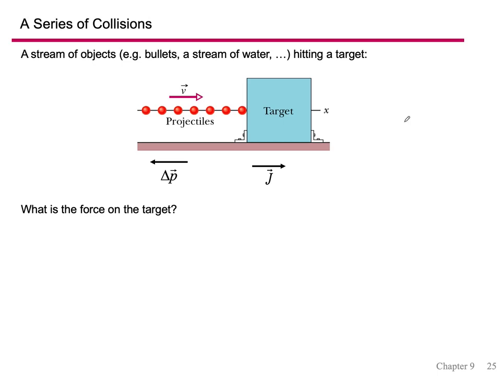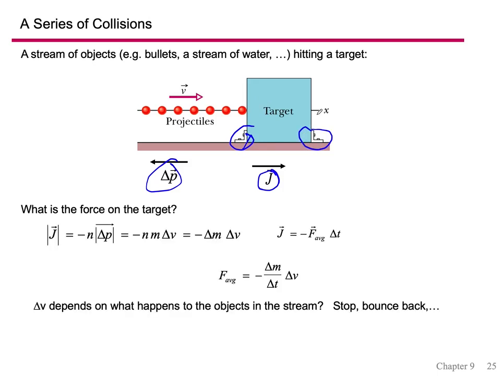This gets to be a little bit interesting. If you've got a bunch of objects running into a target, what do we know has to be true? Well, the change in momentum of the projectiles has to be equal to the impulse given to the target. Why? The change in momentum of these, or the impulse on these, must equal the change in momentum or the impulse on this. So the question is, what's the force on the target, especially if it's kind of locked down to the ground? I don't know if you can see these two things here.